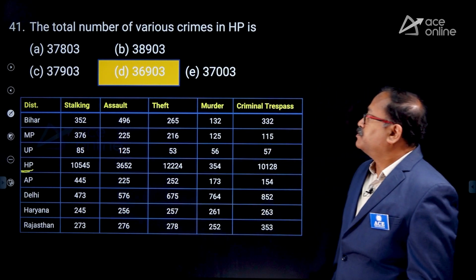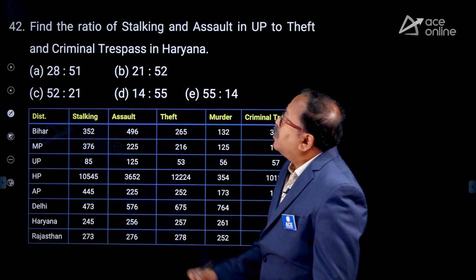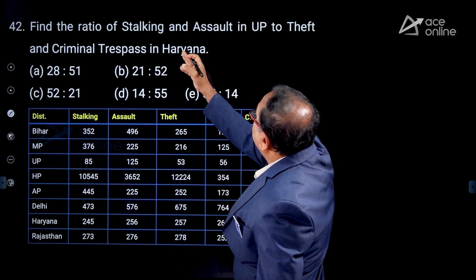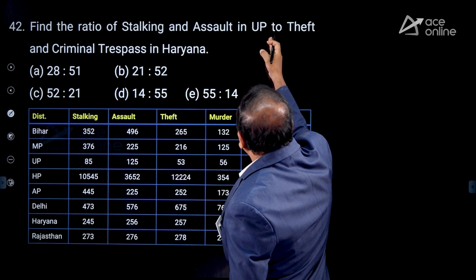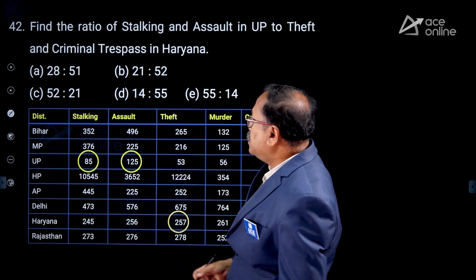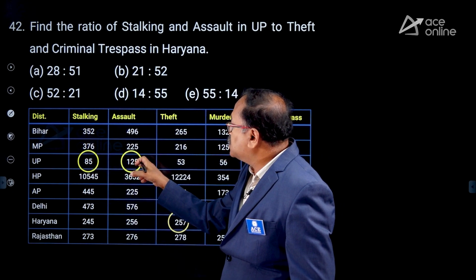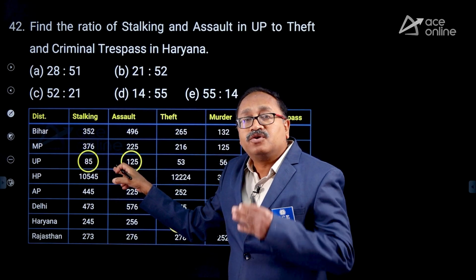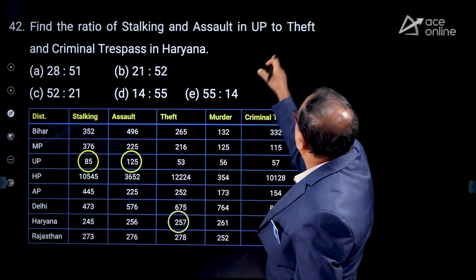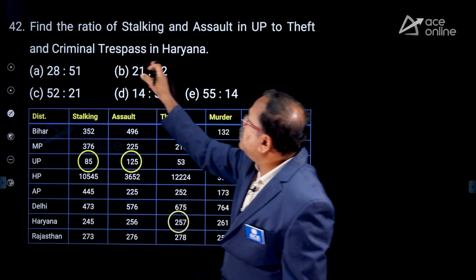Moving to the next question. Find the ratio of stalking and assault in UP together to theft and criminal trespass in Haryana together. These two are UP, stalking and assault, and this is about Haryana, theft and criminal trespass.